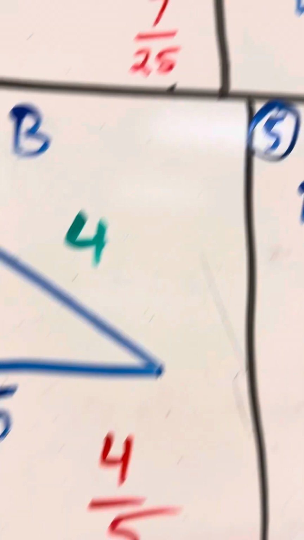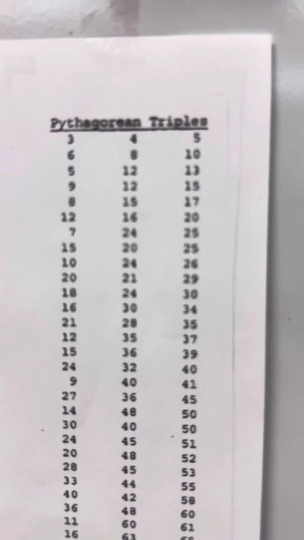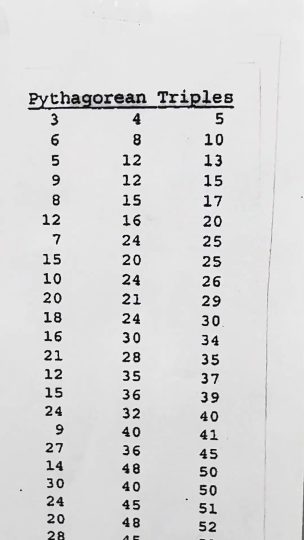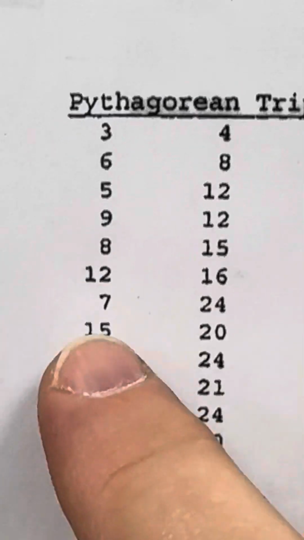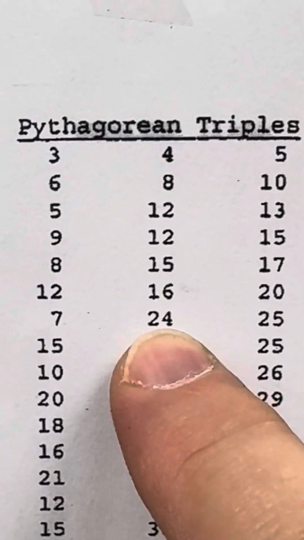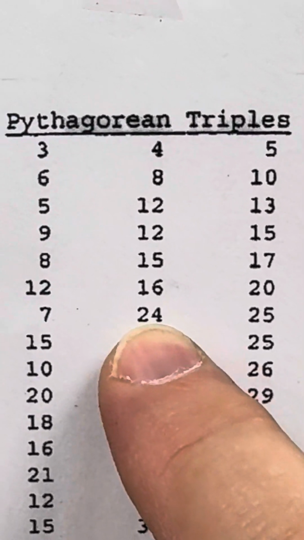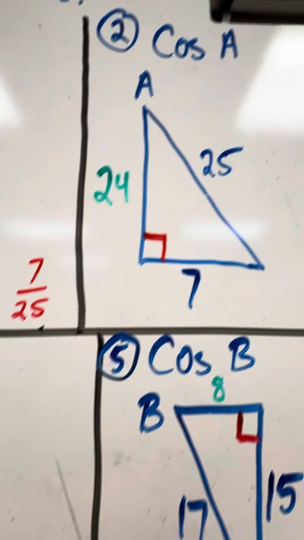So if you have 7 and 25, look for 7 and 25. Here's 7, here's 25. 24 is the third one, so you will put in 24 here.